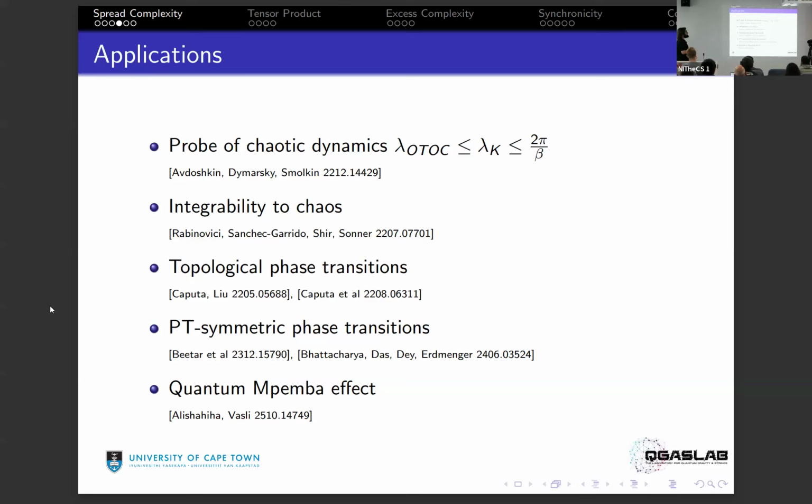But there are also transitions from integrability to chaos, topological and PT-symmetric phase transitions, and also recent work that might be relevant in the quantum Zeno effect. Also in holography, for these complexity equals action kind of conjectures, it's also found there. I'm not going to spend a lot of time on this. I'm interested in asking far more basic questions about this mathematical quantity and what happens with it.